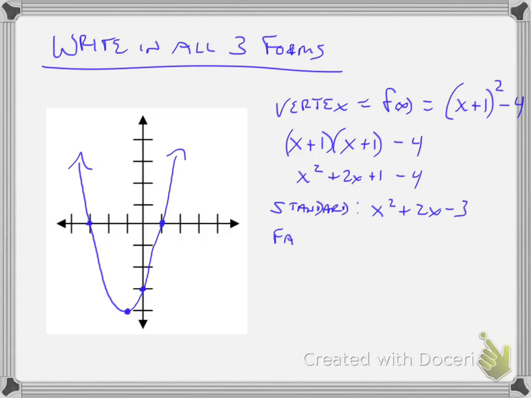And then for factored form, I factor it, and because the a is 1 here, what multiplies to be negative 3 and adds to be positive 2 is positive 3 and negative 1. So these are the three forms of the quadratic.